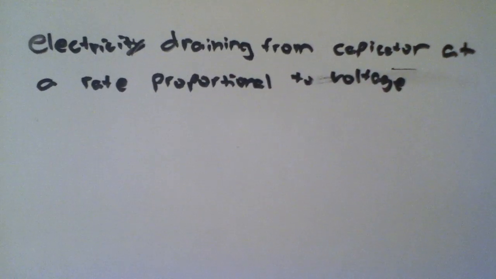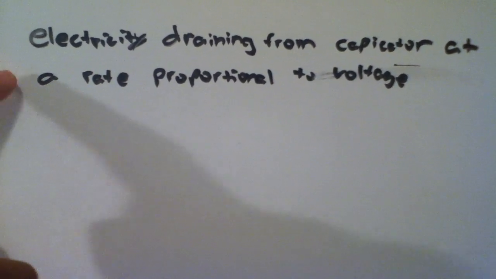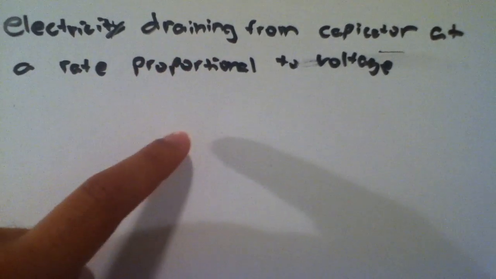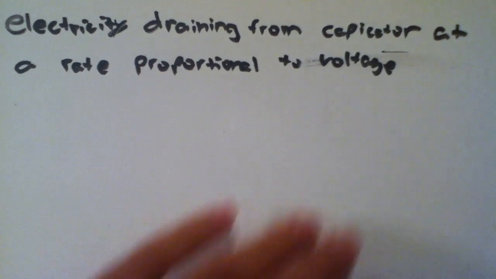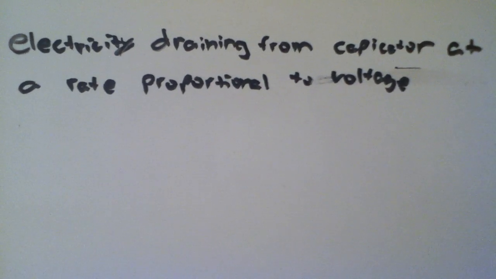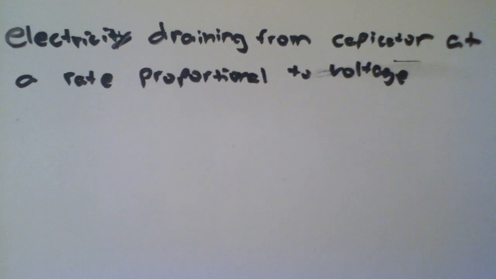Voltage is the present amount of electricity, and electricity is decreasing at a rate proportional to voltage, the amount of electricity present. This is exactly the same wording, just written in a different, perhaps scientific, application of the same thing.